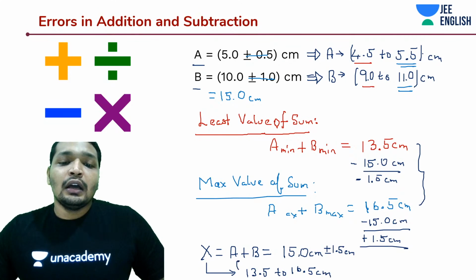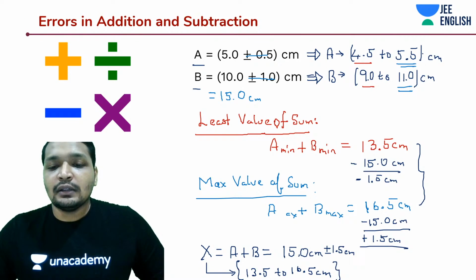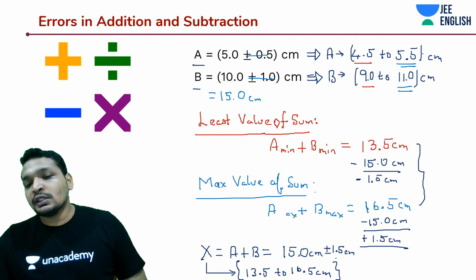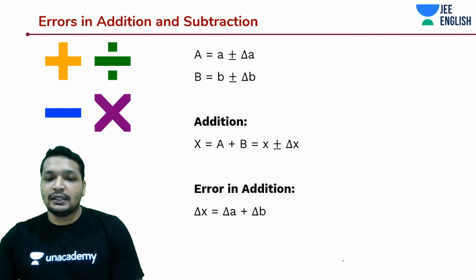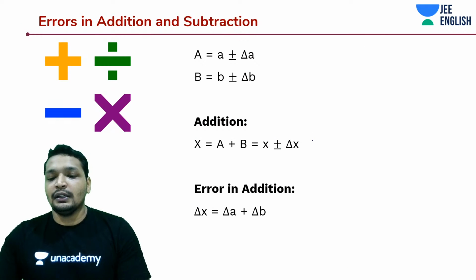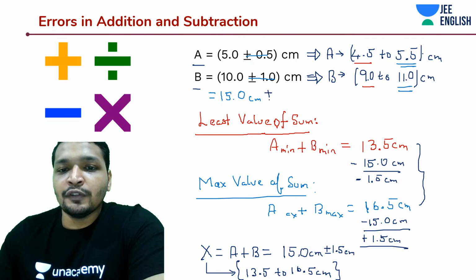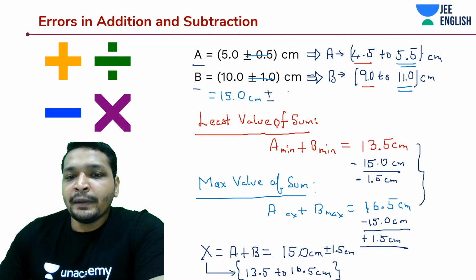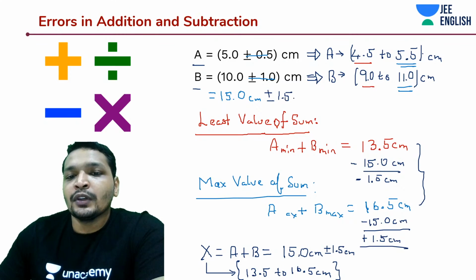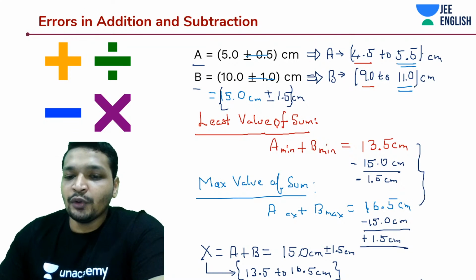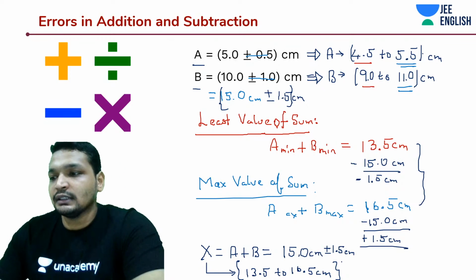And what was my error? My error was nothing but added twice. Just add both of them. 0.5 plus 1.0 is going to give me 1.5. So basically we only added the errors. You noticed I only added the errors.